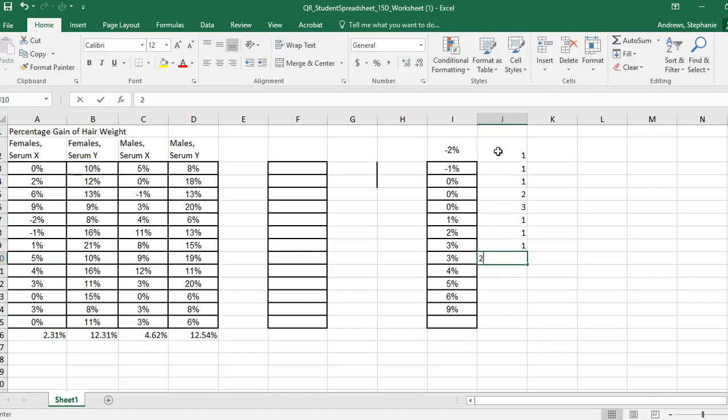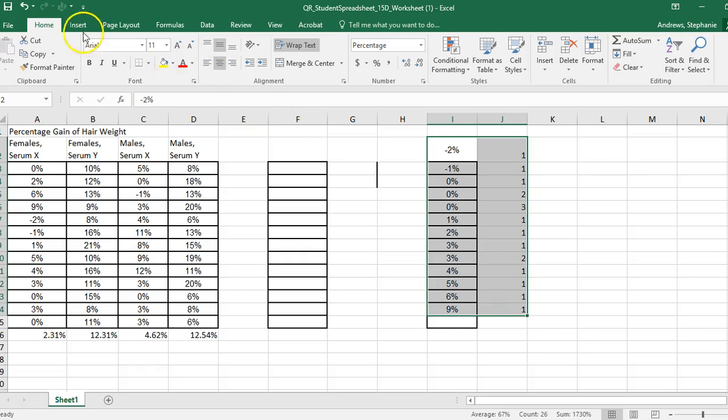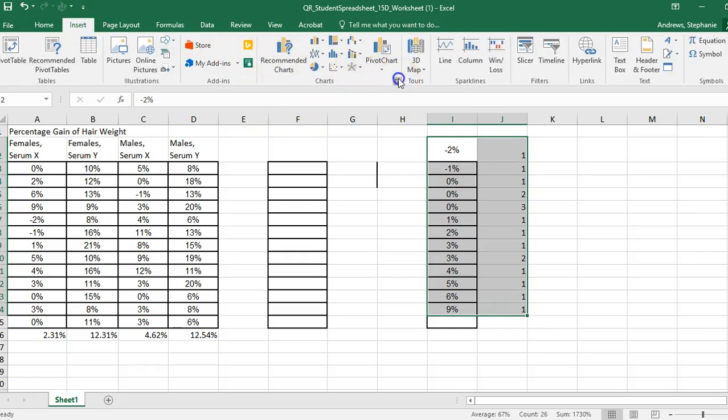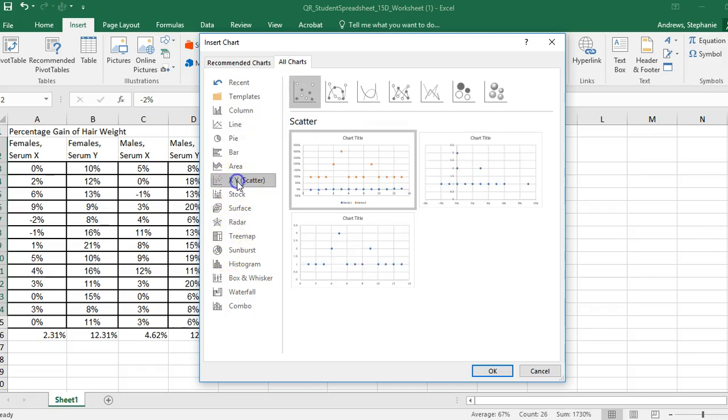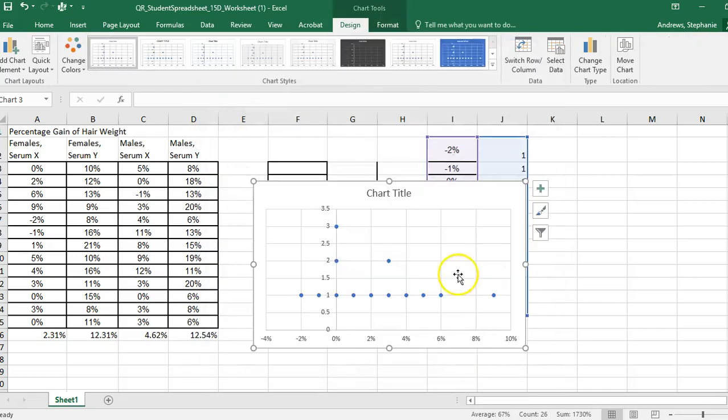So these appear once, twice. Then I can grab both of these columns and ask it to insert charts. That wasn't bad. Scatter, let's do that one because it actually shows that negative going on.